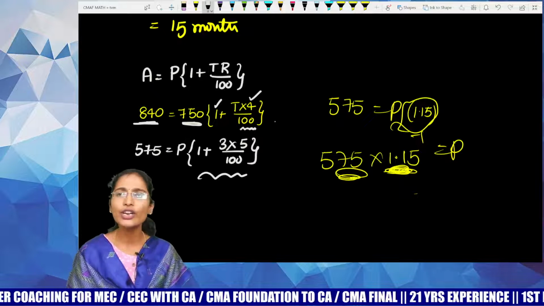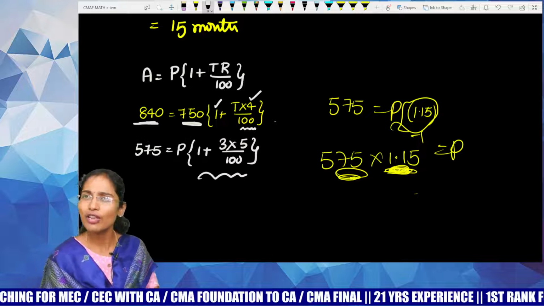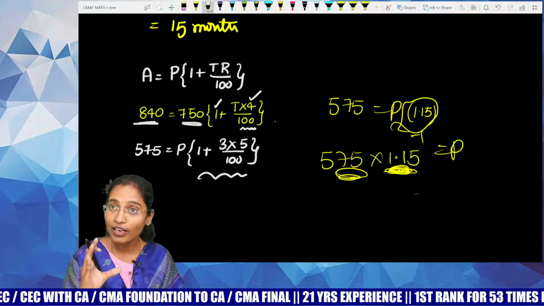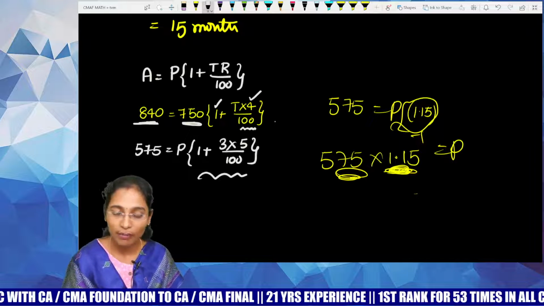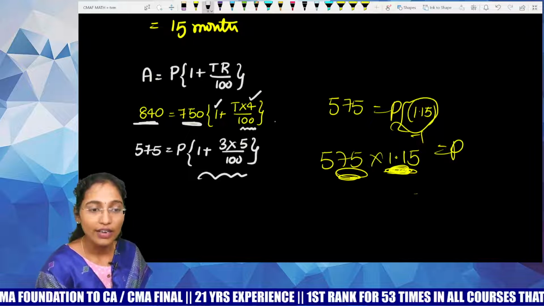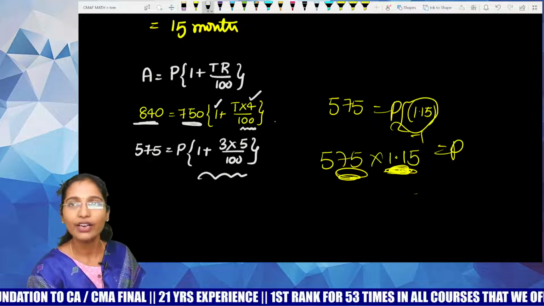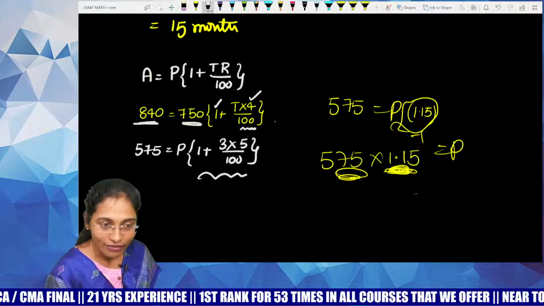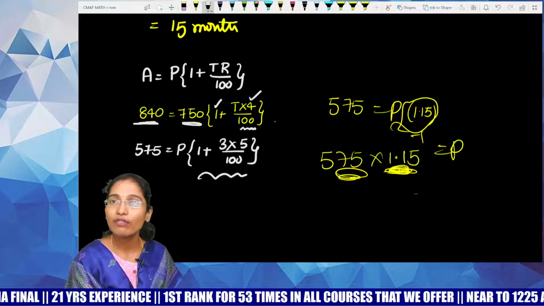There's no need to perform the 1 initially because that 1 is not a complicated term, right? So every time you perform a calculation, please perform the complicated part first. The complicated part is 3 into 5 by 100. Do that first. Now do plus 1. This is 1.15. This 1.15 is multiplying here.